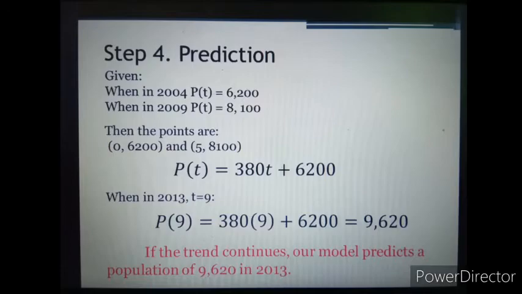To predict the population in 2013, we evaluate the function at t equals 9, because 2013 minus 2004 is 9. So P(9) is equal to 9,620. If the trend continues, our model predicts a population of 9,620 in 2013.